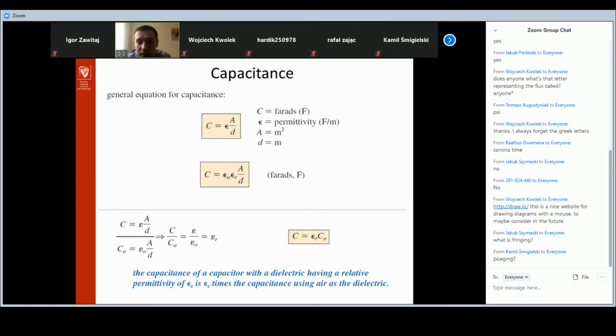That's why, if we want to produce a capacitor with a huge capacitance, we want to find dielectric materials which have a very, very high relative permittivity to get the higher capacitance. Okay.